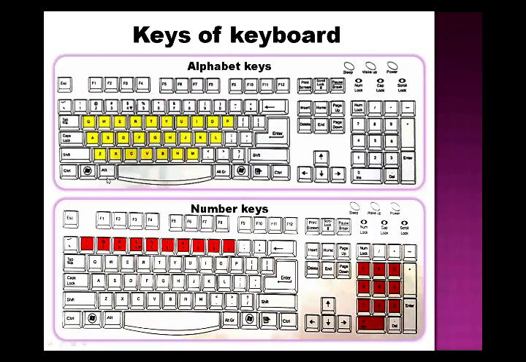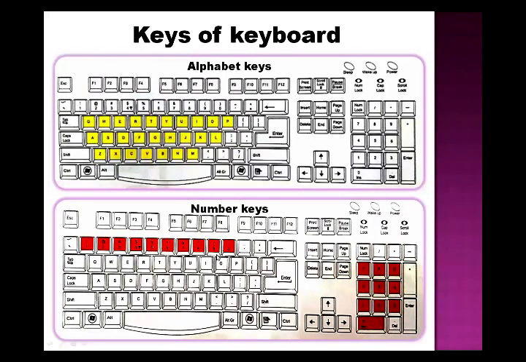In this next picture, the keys which are highlighted with red color are called the number keys. Number keys have two bunches on your keyboard. The first bunch is on the right hand side of the keyboard and the second bunch is on the left hand side.